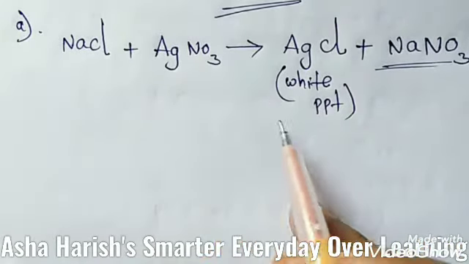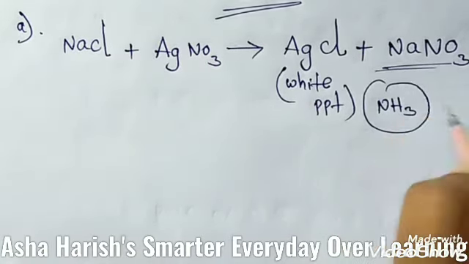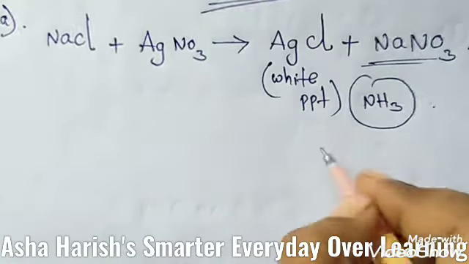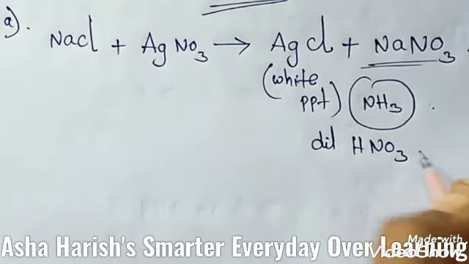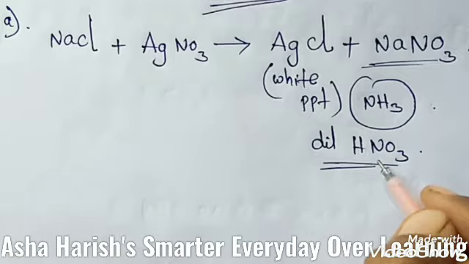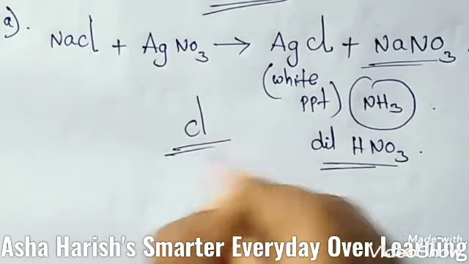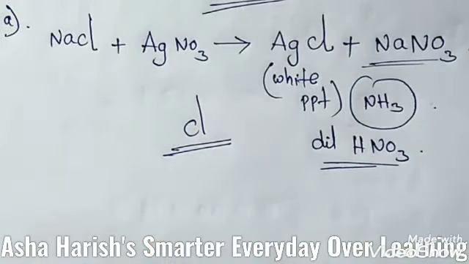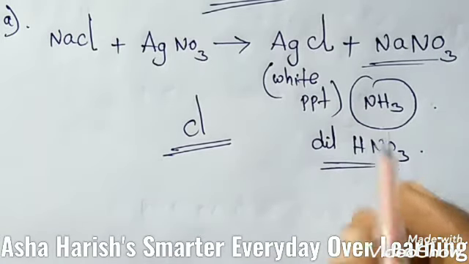Here is the white precipitate, soluble in ammonia and insoluble in dilute HNO3, dilute nitric acid. If it is insoluble in dilute nitric acid, then it indicates the presence of chlorine in that particular organic compound we have taken.